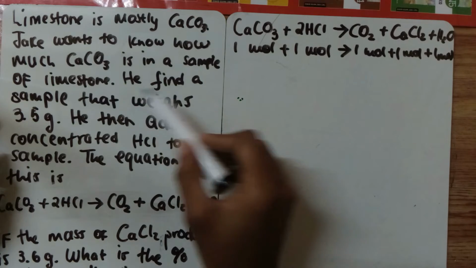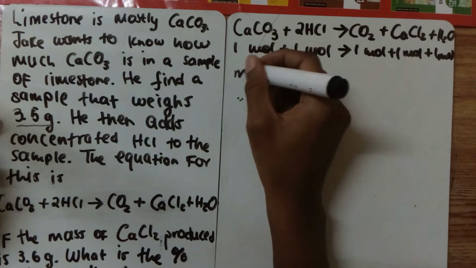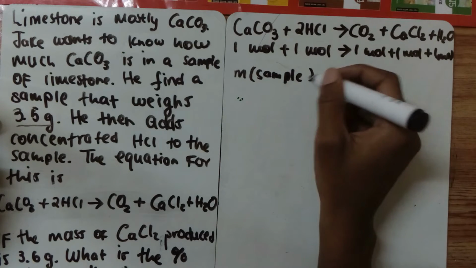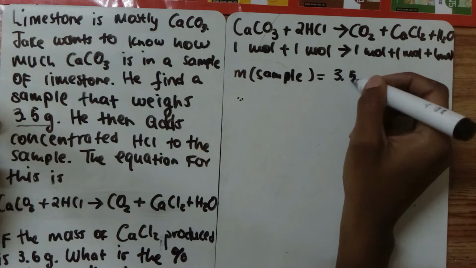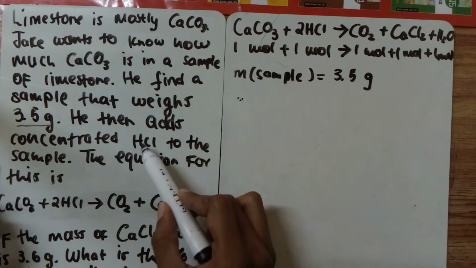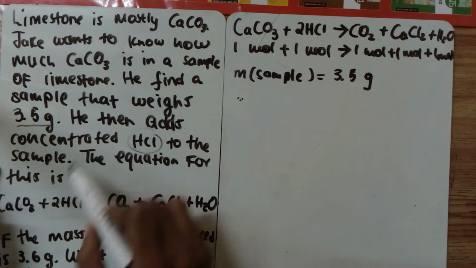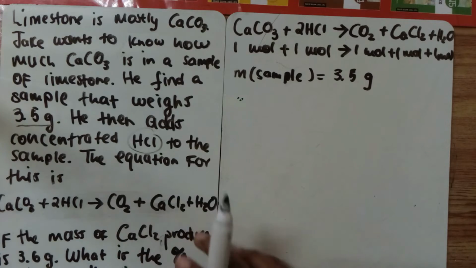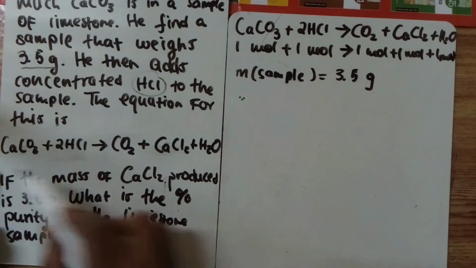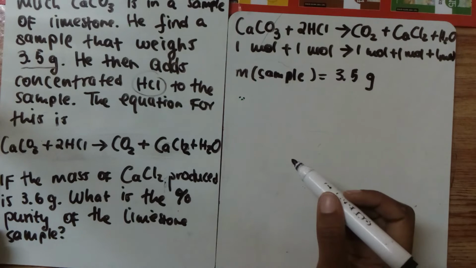He finds a sample that weighs 3.5 grams, so the mass of the sample is 3.5 grams. He then adds concentrated hydrochloric acid, HCl, to the sample, and the equation is given. It's balanced, but always remember to check that your equation is balanced.